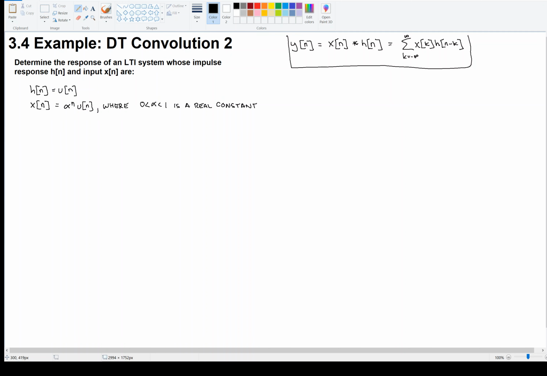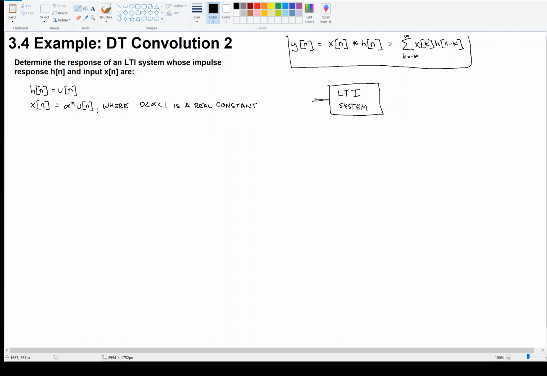So amidst all this math, it's very easy to lose sight of the engineering that we're doing. So let me again remind you that we've got some sort of system here that's linear and time invariant. This could be a circuit, this could be a mechanical system, whatever, as long as it's linear and time invariant.